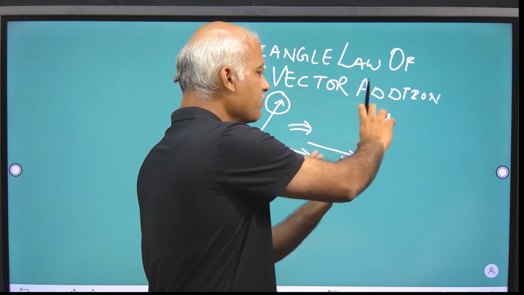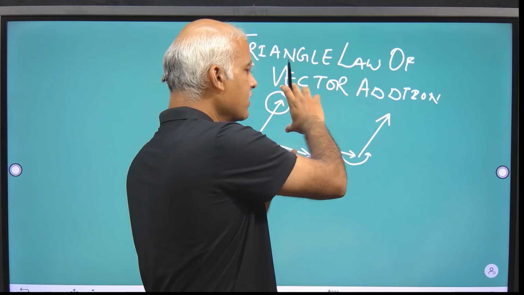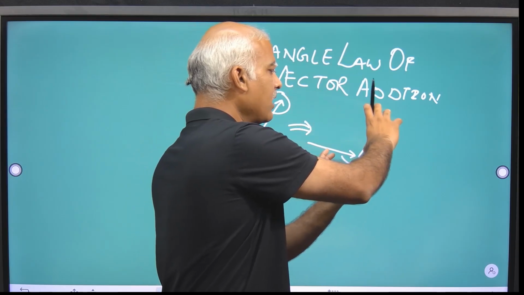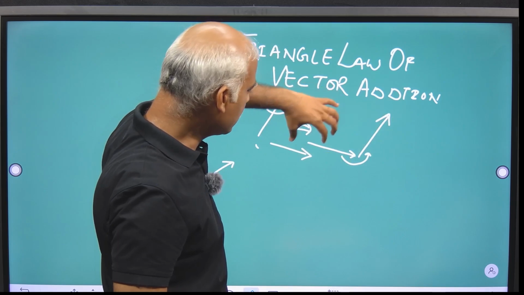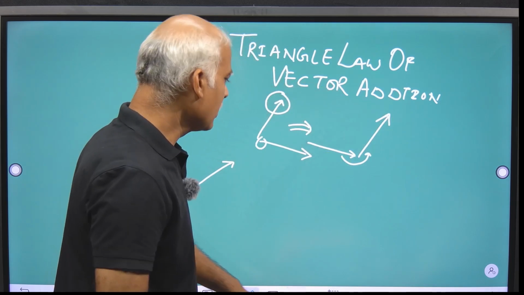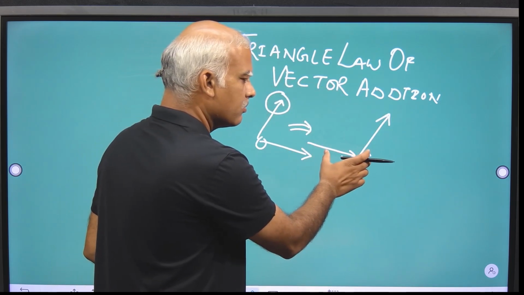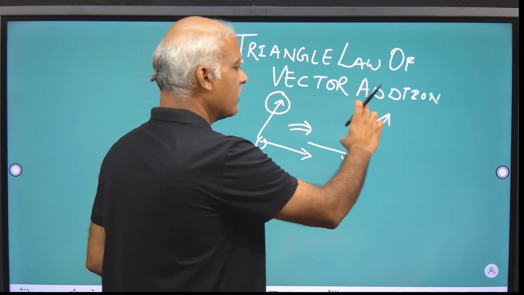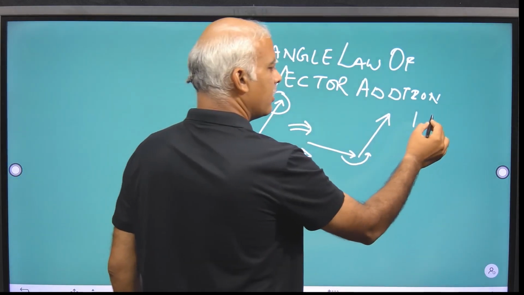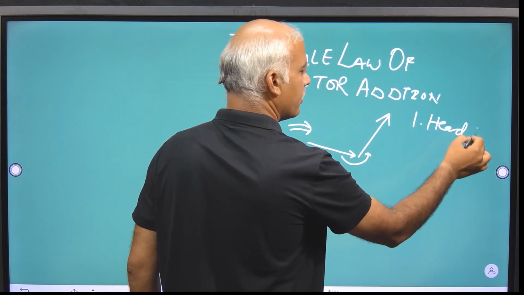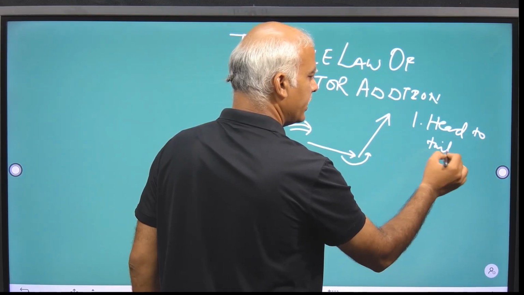The meaning of parallel space is that you are not rotating a vector, you are simply shifting it to a parallel side or a parallel direction. So you can shift this arrow to a certain position and this arrow parallelly to a certain position. This is how the first thing you need to do is head to tail arrangement.